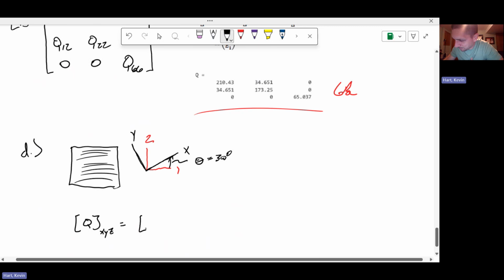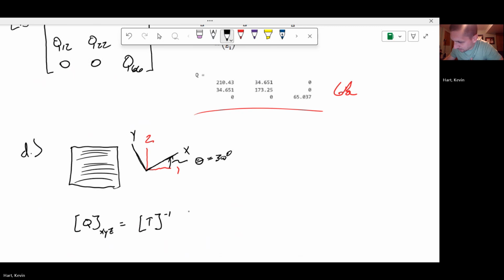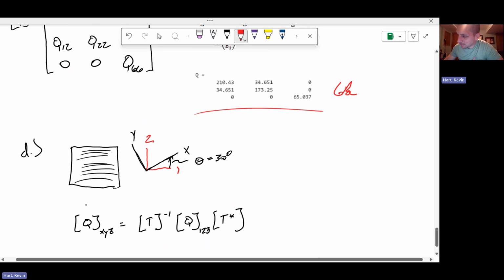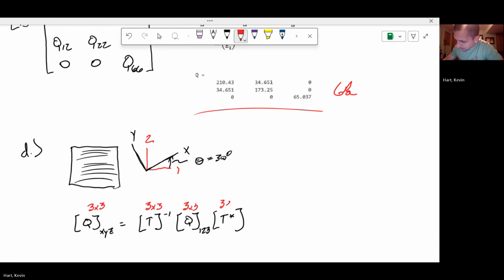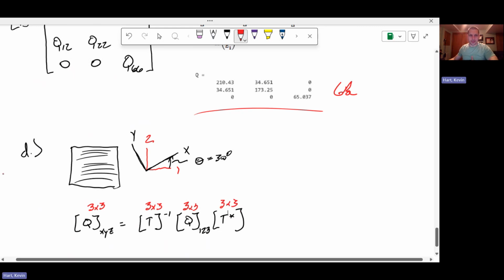It's T inverse times Q in the 1, 2, 3 coordinate system times T star, where these are transformation matrices. So this is going to be a 3 by 3. These are all 3 by 3s. T and T star are calculated using the angle theta.